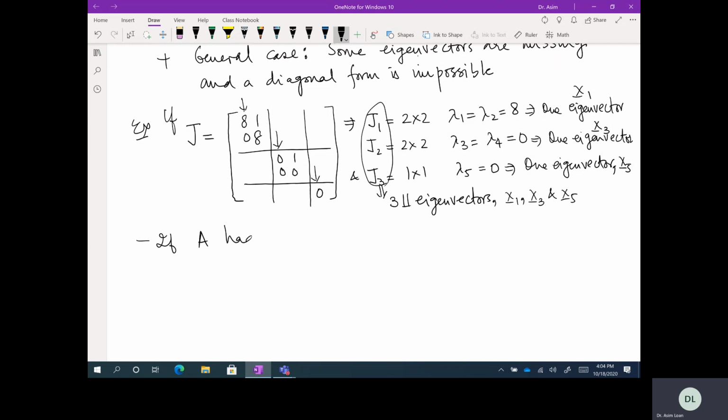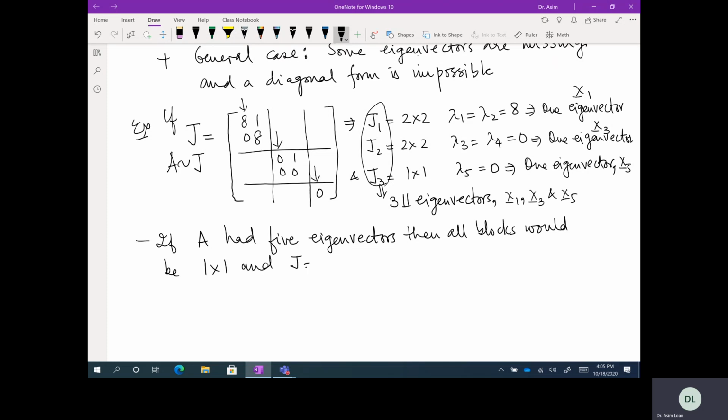A is similar to J. If A had 5 eigenvectors, then obviously we'd have a diagonal form: all blocks would be 1 by 1, and J would be diagonal.